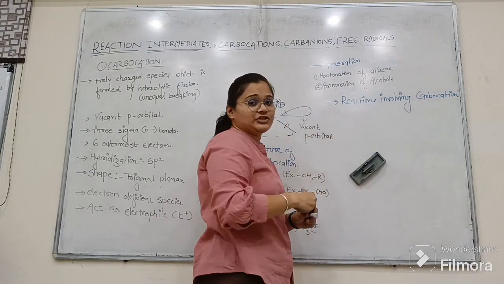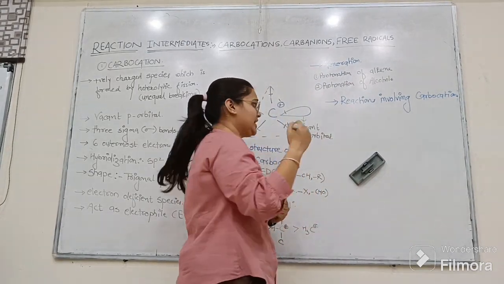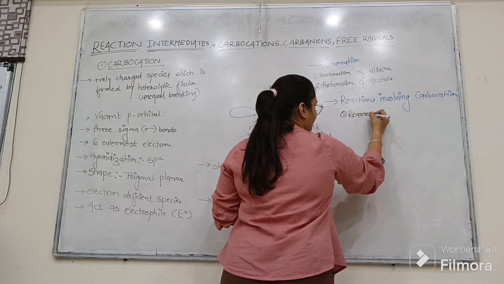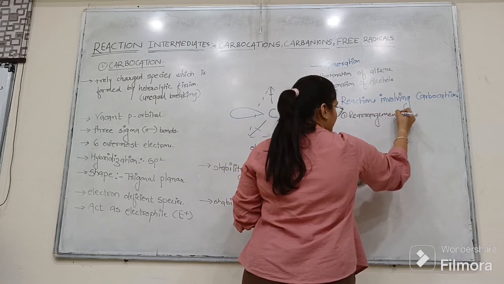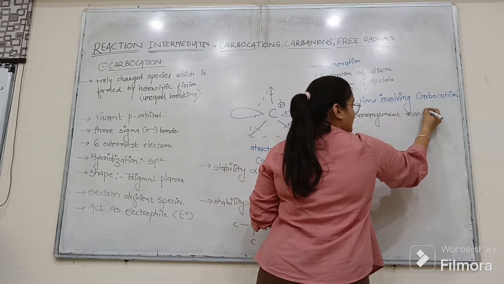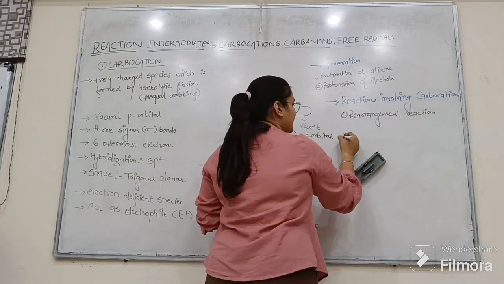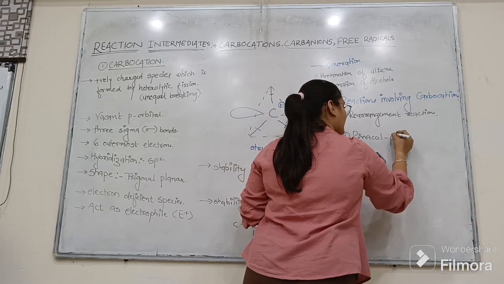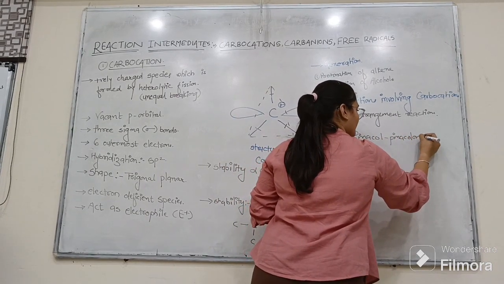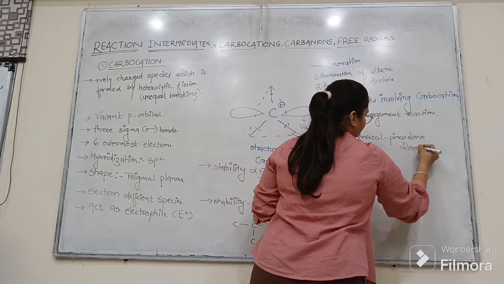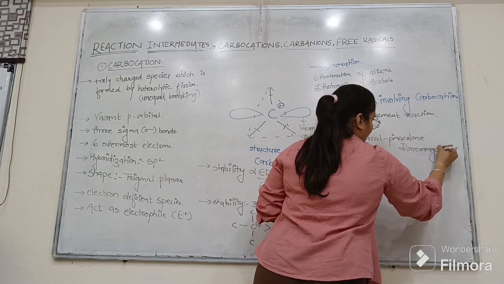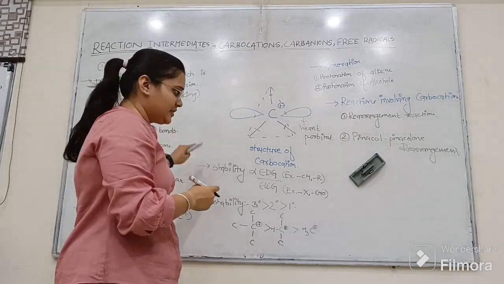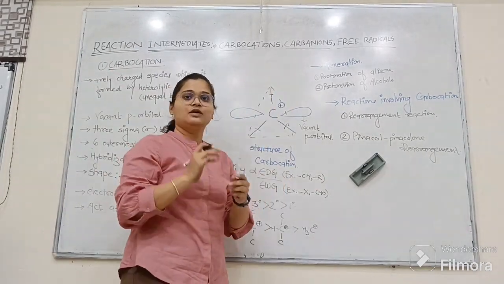The reactions which involve carbocation as the reactive intermediate: the first one is rearrangement reactions, which mainly involve carbocation intermediate, and the second one is pinacol-pinacolone rearrangement. So this was all about the carbocation intermediate. We have discussed its characteristic features, structure, generation and reactions which involve carbocation.